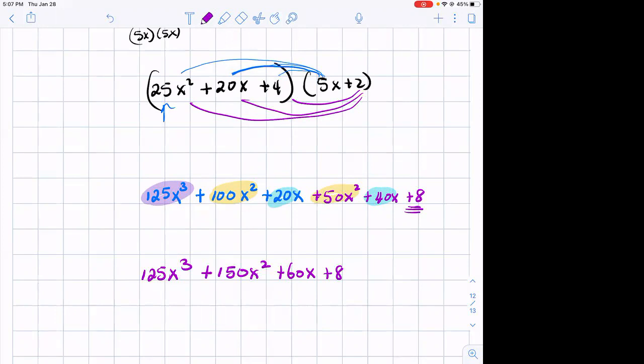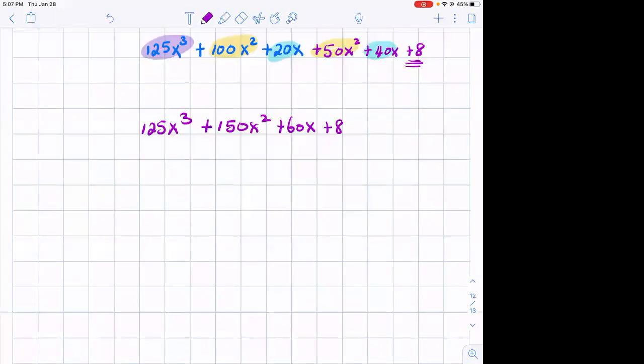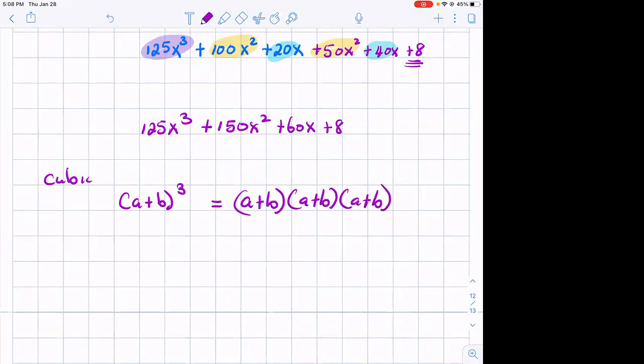So now, what is the formula for cubic? And if we apply that formula, what do we get? Well, what happens if we have a plus b quantity cubed? This we know is the same as a plus b times a plus b times a plus b.